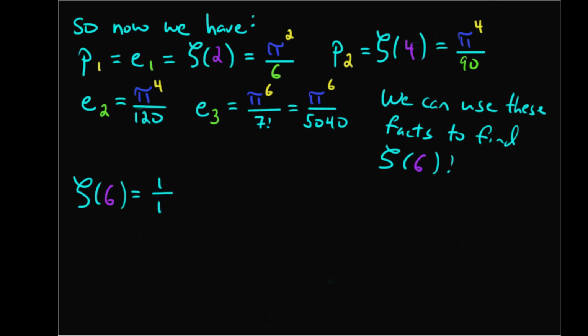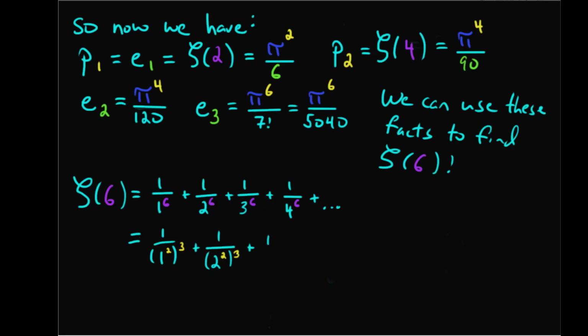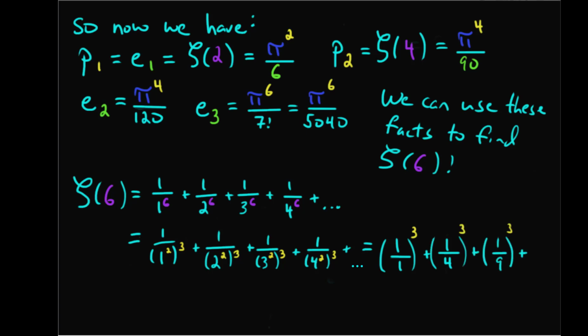And in order to do that, we have to realize that zeta of 6, which equals 1 over 1 to the 6th plus 1 over 2 to the 6th plus 1 over 3 to the 6th plus 1 over 4 to the 6th, that zeta of 6 can also be written as 1 over 1 squared cubed plus 1 over 2 squared cubed plus 1 over 3 squared cubed, and so on. And now what does that equal? That just equals 1 over 1 cubed plus 1 over 4 cubed plus 1 over 9 cubed plus dot dot dot.